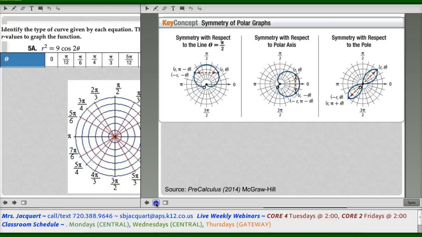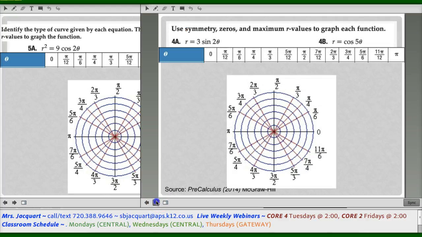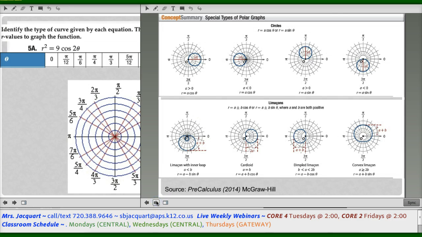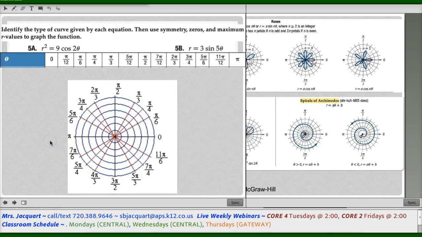If I have a 9 cosine 2 theta and r squared, 9 cosine 2 theta. So you can kind of see that this would be coming from this graph. So that's what my graph should look like. So it would be square root of 9, so it's going to be 3 out.